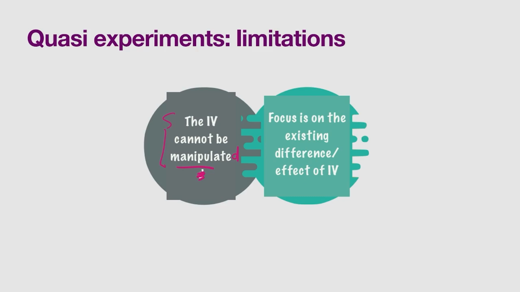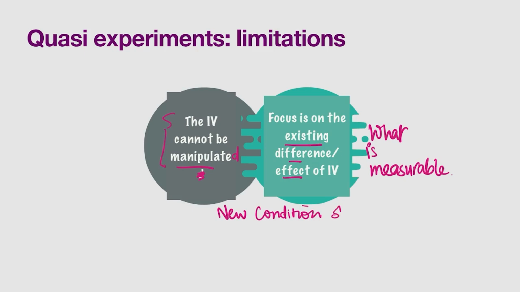And so the experimenter's focus remains entirely on what is measurable, and what is measurable, because the IV is naturally occurring, is whatever the already existing difference or effect of IV is on the dependent variable. So there is nothing that the experimenter can do to create a new condition of the IV. The IV exists as it has already always existed.